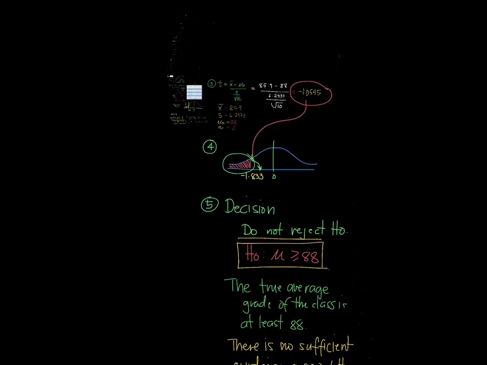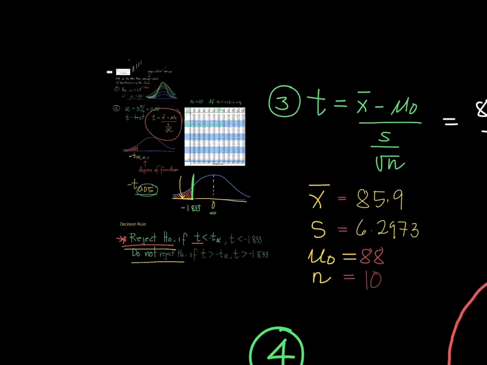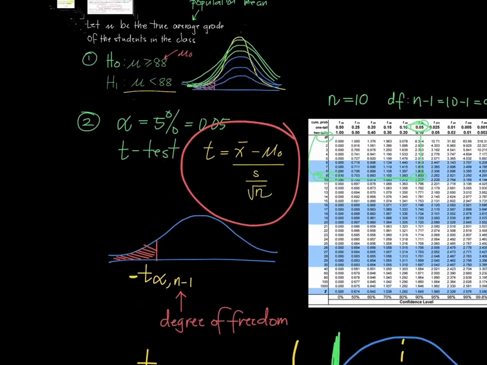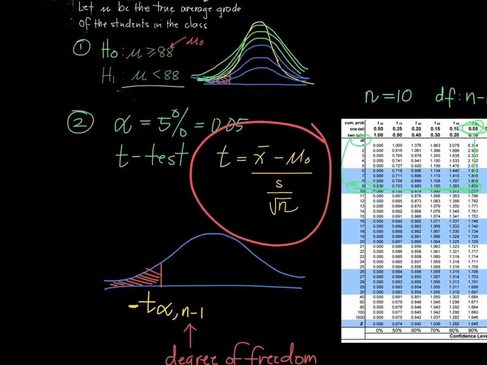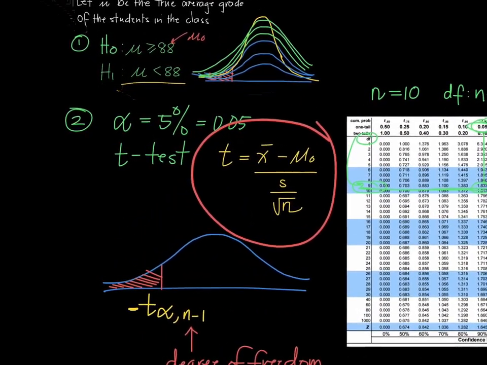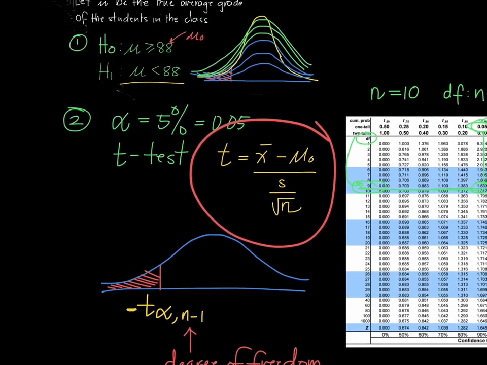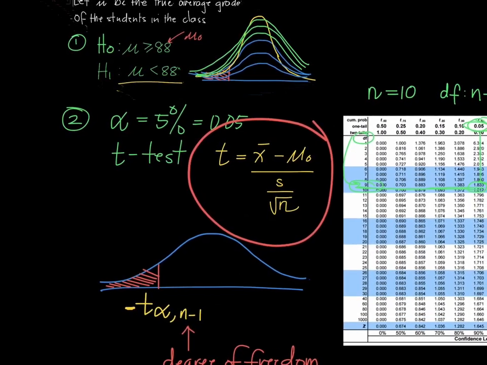So just to summarize, again, the process is basically the same with all the hypothesis testing. The only difference is when it comes to the type of test, you have to identify what type of test statistic formula you are going to use. In this case, we use the T-test formula because the condition is under the T-test.